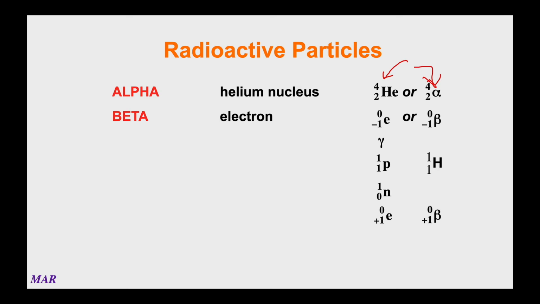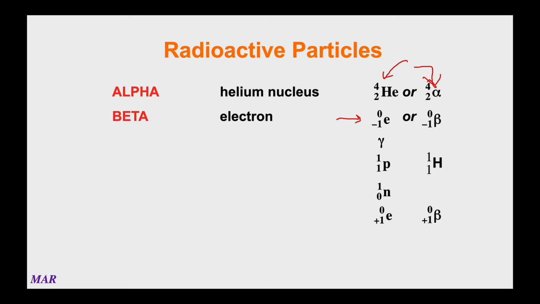Now, the symbolism, which is going to be helpful to us later on, you can see right there. It's a 0 -1 E or a 0 -1 beta. That symbol on the right is a beta representing beta particles. This is kind of interesting. Remember in the type of system we're looking at, the lower left-hand number is number of protons, and the upper left-hand number is protons plus neutrons.